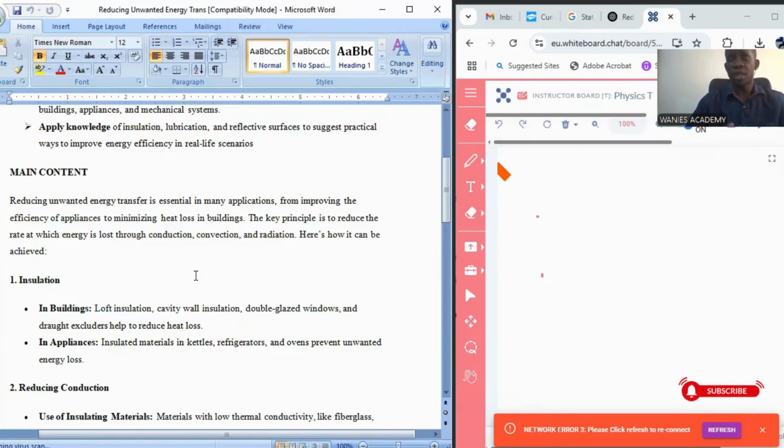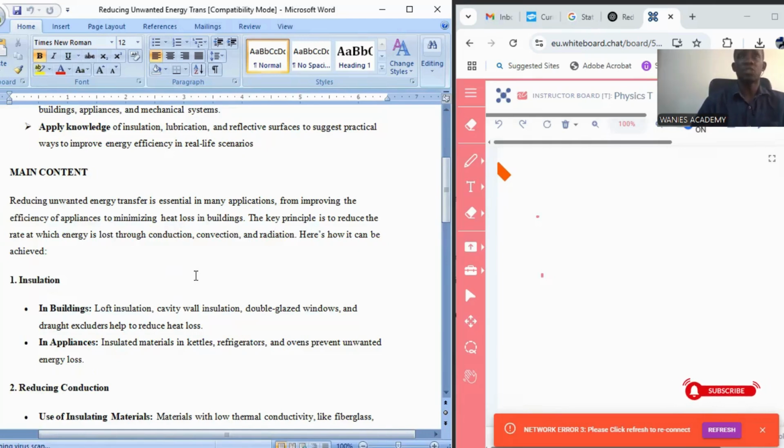So in our building, for example, loft insulation, cavity wall insulation, double glazing windows, and draught excluders. All of these materials help us to reduce the amount of heat that is lost in our building.